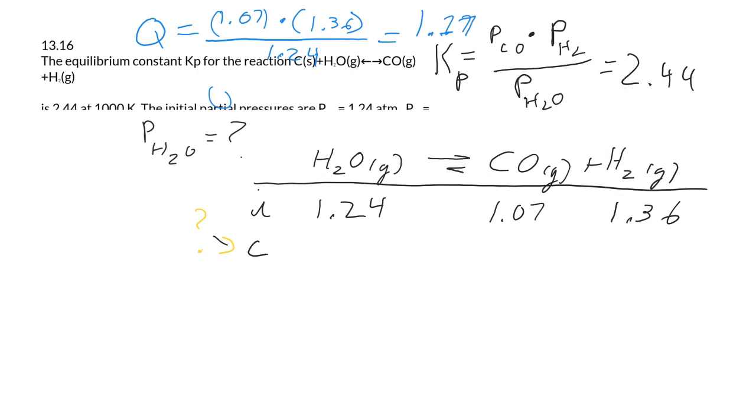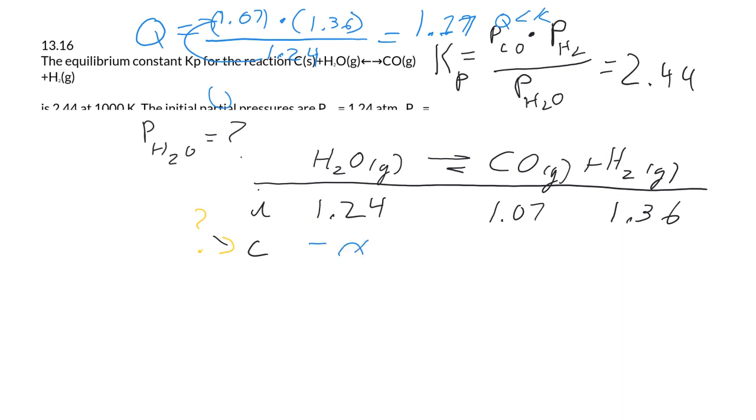Therefore, my Q is less than my K, so the reaction is going to indeed proceed in the forward direction, meaning we're going to break down our reactant and make product.